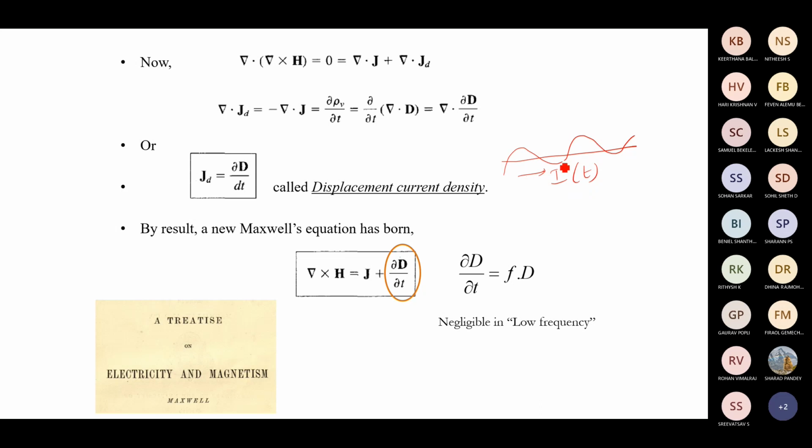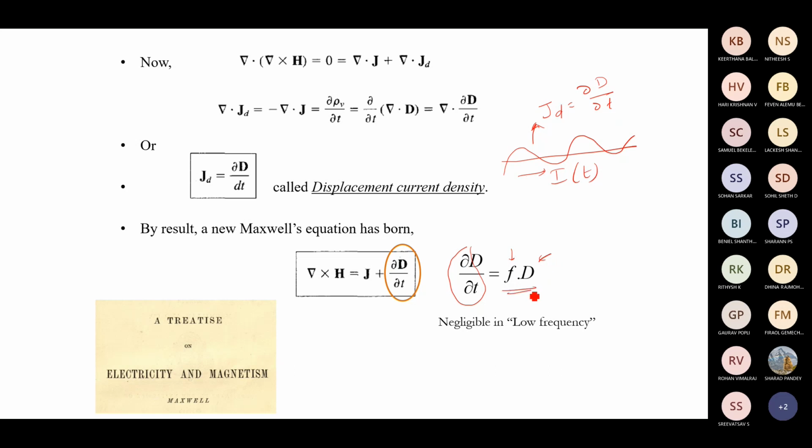In that particular case, this always produces the displacement current, which is going to flow in the outward direction, which will be equal to ∂D/∂t. And I already told that this particular term is equal to the frequency, the rate of change of the current itself, which directly manifests as a field in this case.